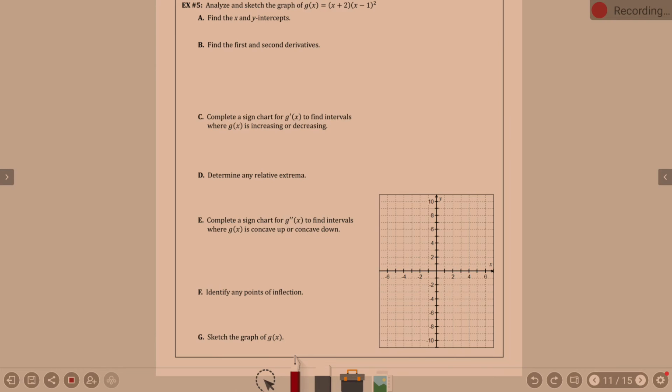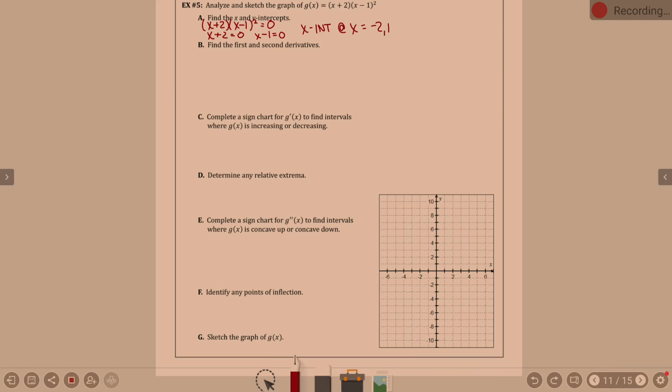So the idea of x plus 2 times x minus 1 squared equal to 0, you guys know that's the idea of set each factor equal to 0, right? And so we're going to have x-intercepts at x equals -2 and 1, correct? Yeah, that's algebra technically, but we can do it.